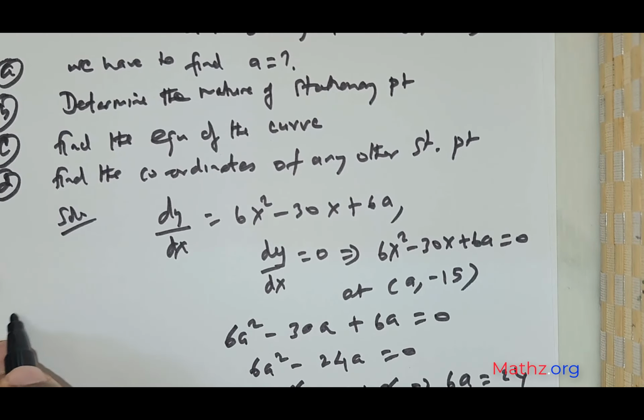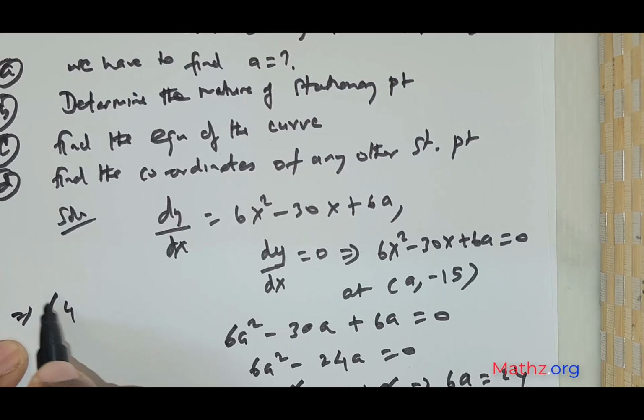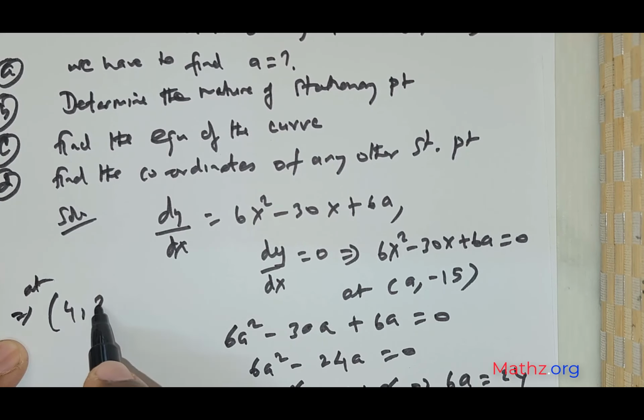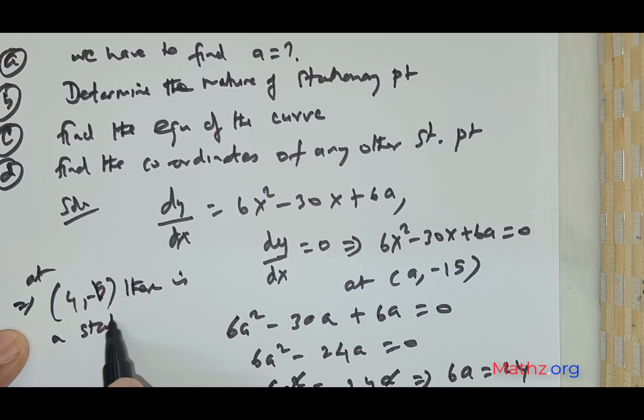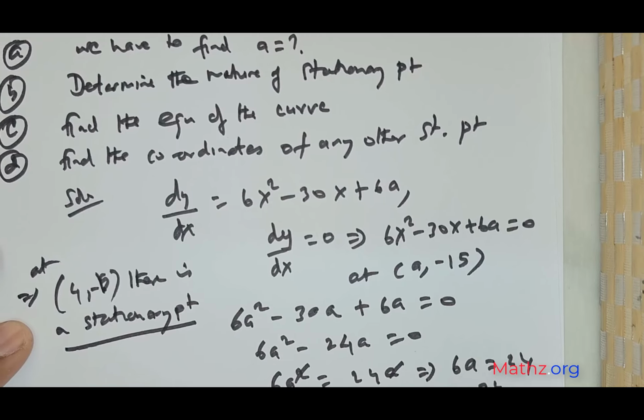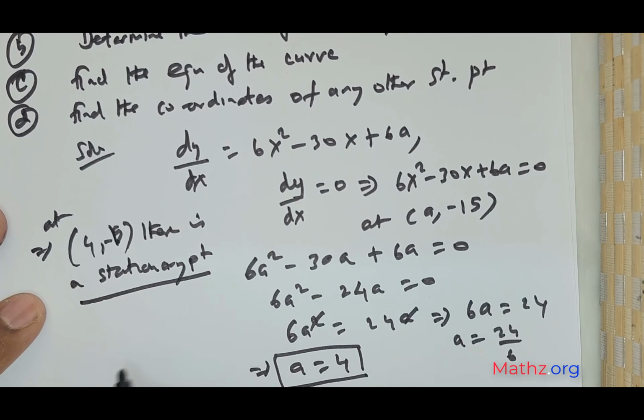So what is the meaning of this? This means at (4, −15) there is a stationary point. Now we have to get the nature of the stationary point.